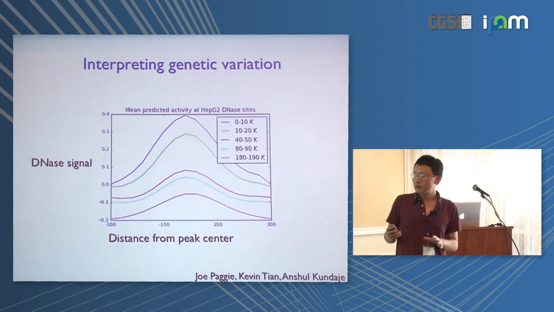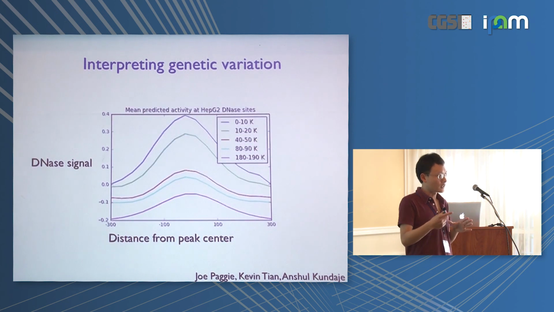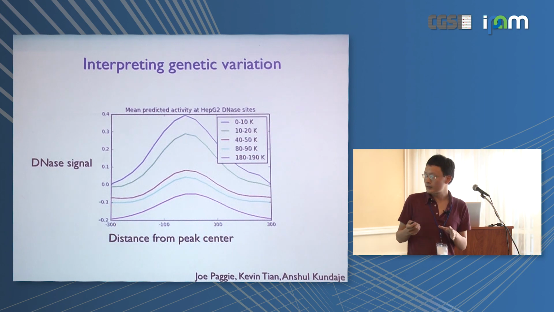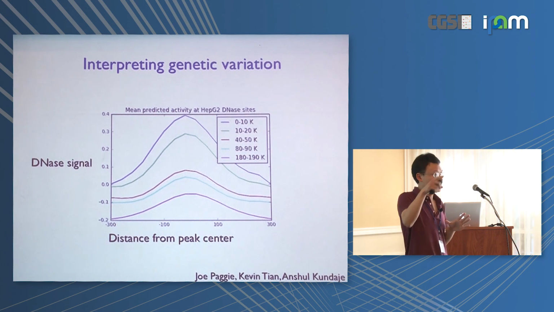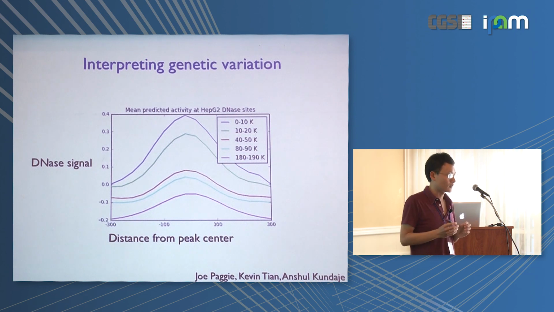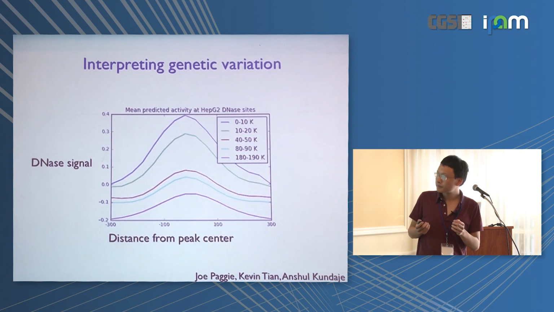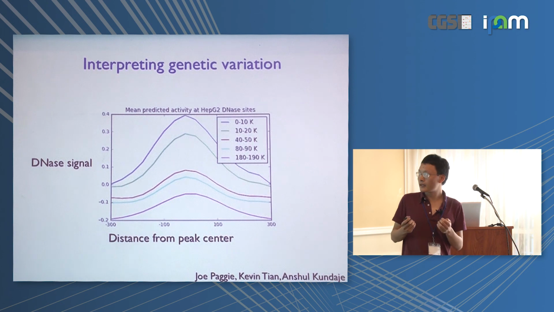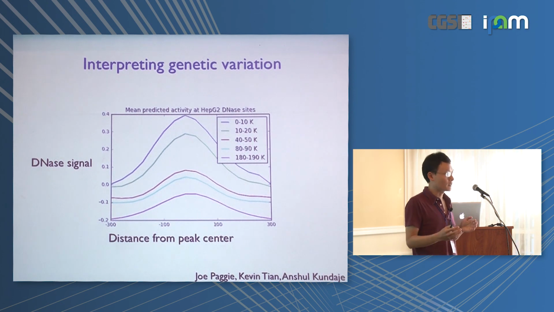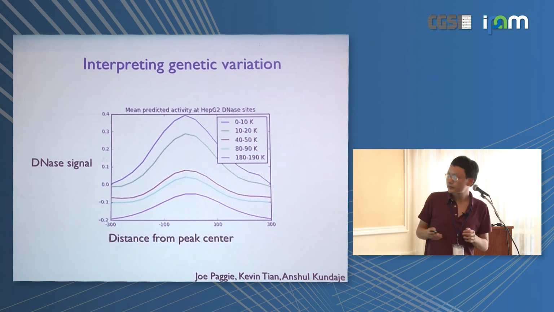Another way to interpret the results is to see how these different importance scores correspond to different epigenetic signals, chromatin marks. Without going into too much detail, there are specific chromatin marks where, if you have a high signal at those marks, then it's more likely that you have regulatory activity.